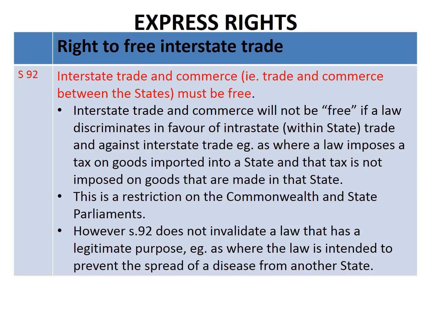And the reason for that is to stop the spread of disease from one state to another. Now, in that case, it is absolutely true that the law discriminates against interstate trade because, for example, the Victorian law may ban the importation of oranges from New South Wales into Victoria. That is clearly discriminatory.